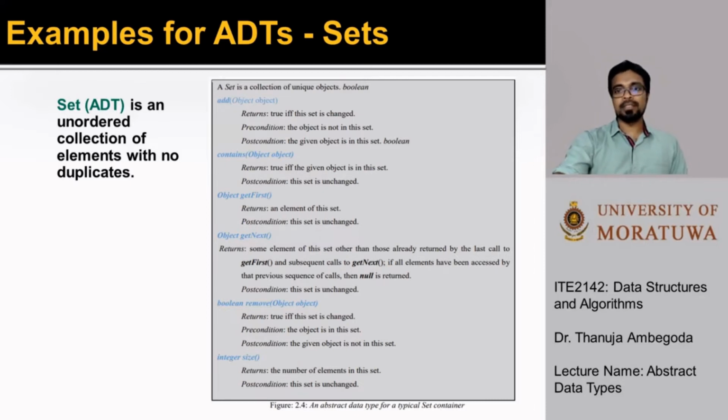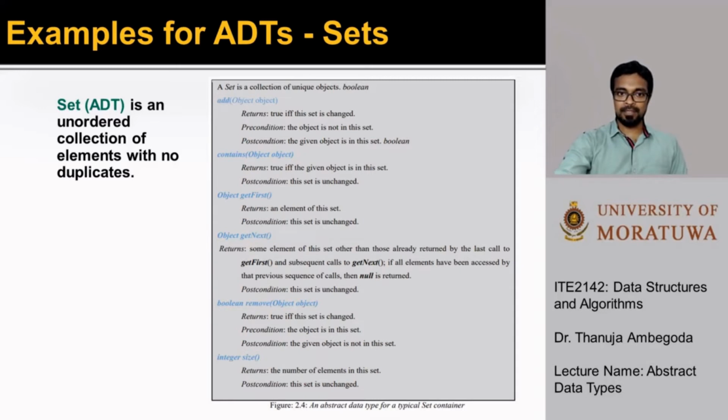Mainly the preconditions are different. Let's look at the add method. It returns a Boolean value. If the object is successfully added, it returns true, otherwise false. However, there's a precondition. The object you are going to add should not be in this set. The post condition is that the given object is in the set because you have added it.